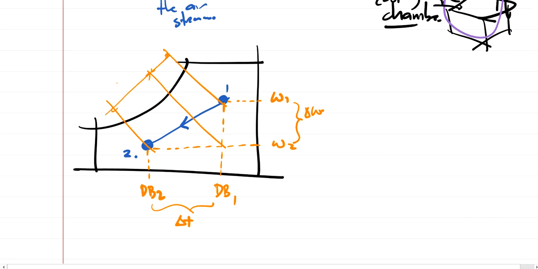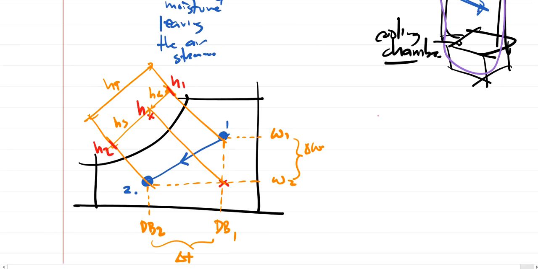Right here's our sensible heat, and here's our latent heat, and the total heat to arrive from point 1 to point 2 is the sum of the sensible heat plus the latent heat. This is H1, this is H2, but we have here an intersection point between the vertical and the horizontal. Since it's a point, it has a value for the enthalpy, so let's just write hx.